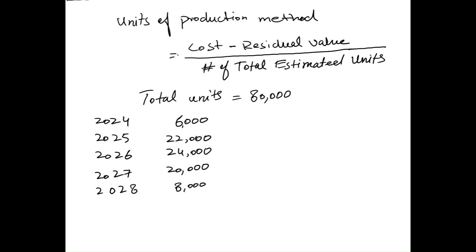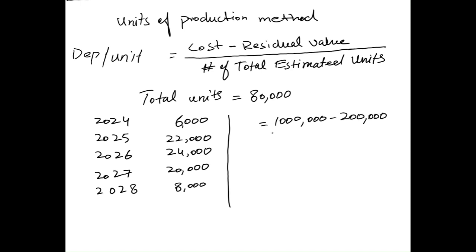Now using the formula, this formula is for depreciation per unit produced. So if we plug in the values, cost is $1 million minus the residual value, which is 200K. And then we divide it by 80,000, which was the total number of estimated units.